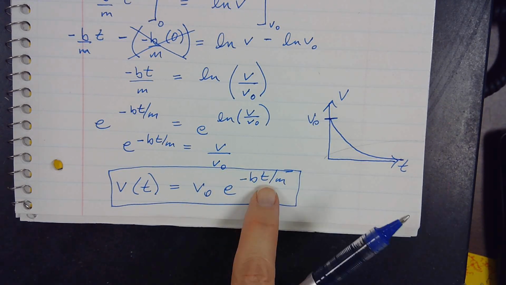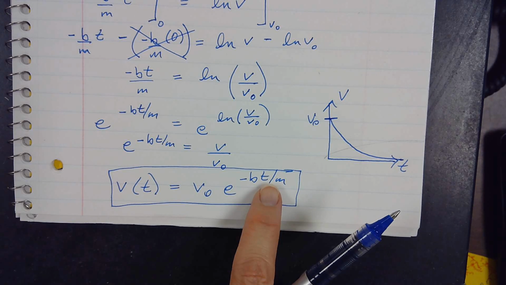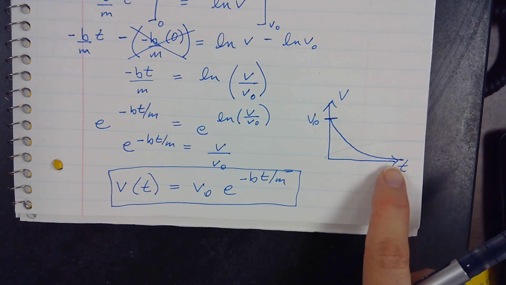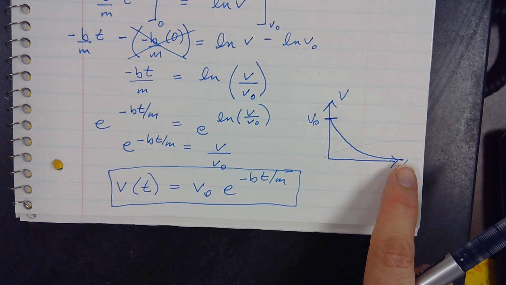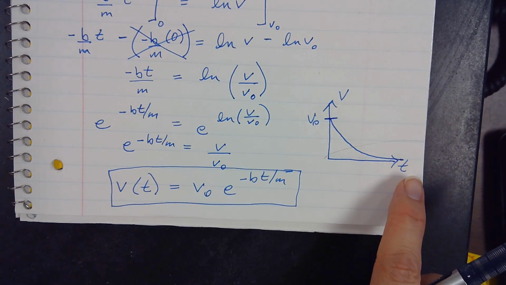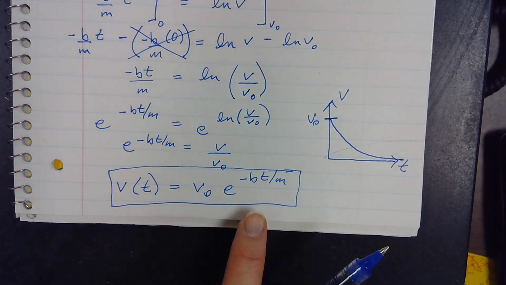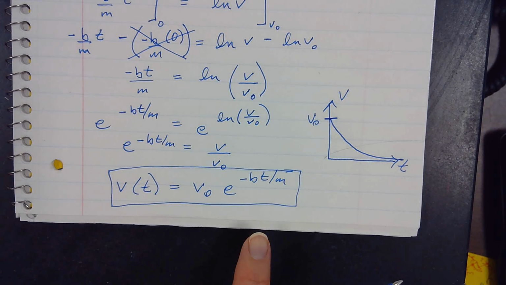So when time is really big, this becomes 1 over a really big number, which means it's a very, very small number. So eventually, we would say, yeah, it's come to a stop. It actually takes infinite time according to this. In math, we would say it takes infinite time, but in physics, we would say it's close enough after a while, depending on circumstances.